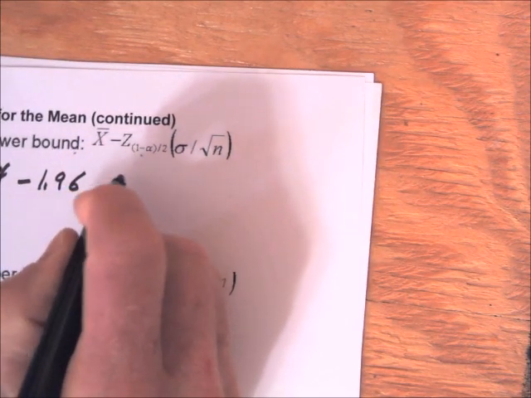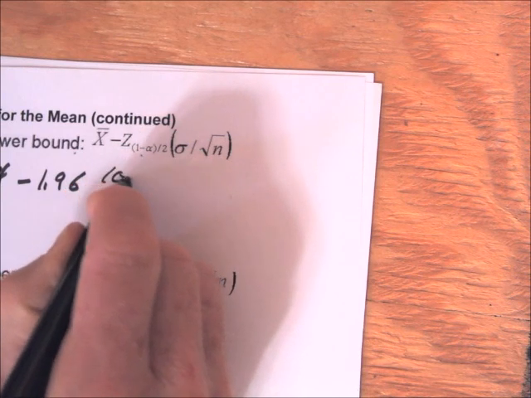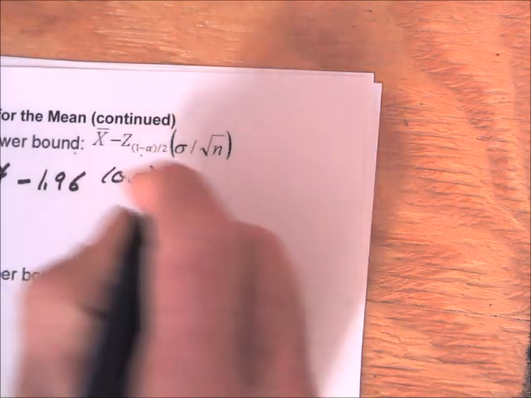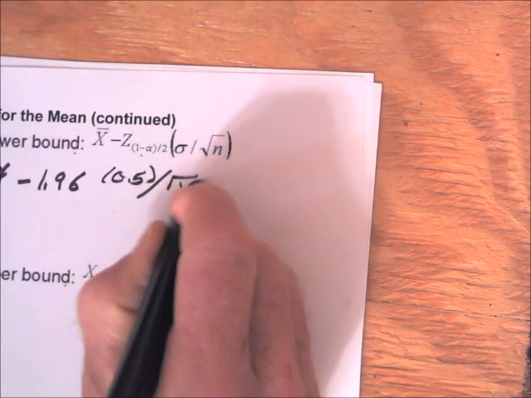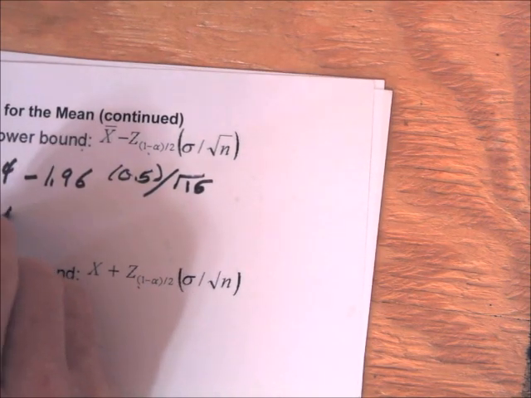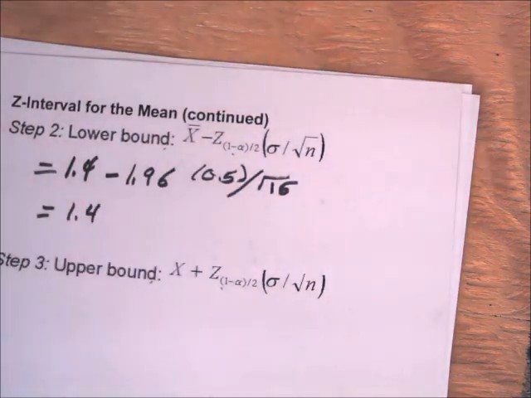Sigma is 0.5, divided by the square root of n, which is the square root of 15. I'm going to do what's after the minus sign separately, because sometimes that is reported separately. 1.96 times 0.5 divided by the square root of 15 is 0.253.